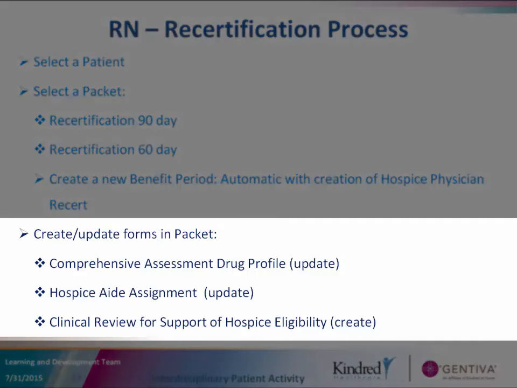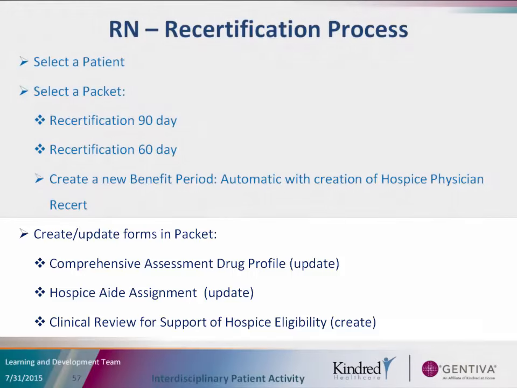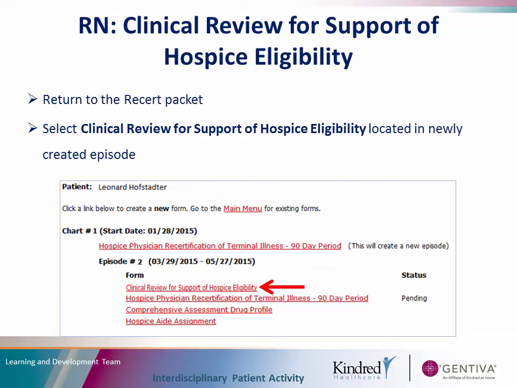We will also be completing the clinical review for support of hospice eligibility, as a certifying physician will be using information from this form in the recertification process. The clinical review for support of hospice eligibility form is created to document your eligibility findings.